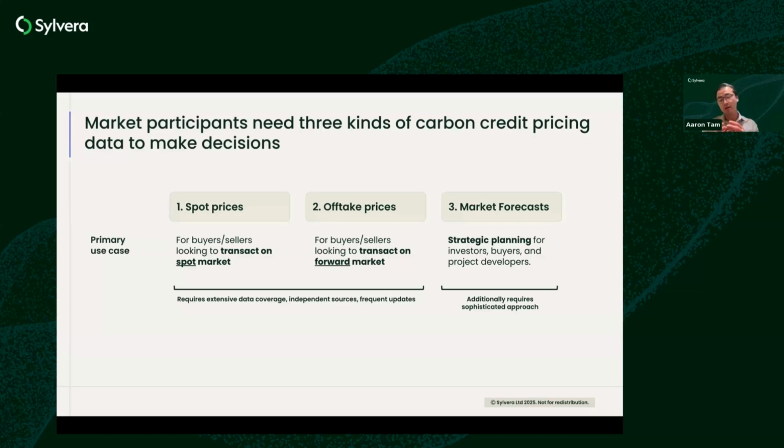It requires a sophisticated understanding of the market and a clever way to model the different moving parts of demand and supply in order to form a better view of future market outcomes. And that's where I will spend most of my time as well in the rest of this demo.